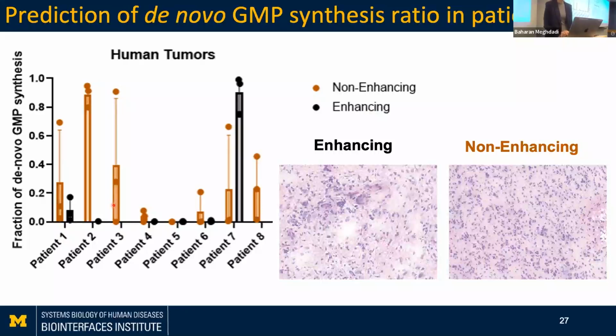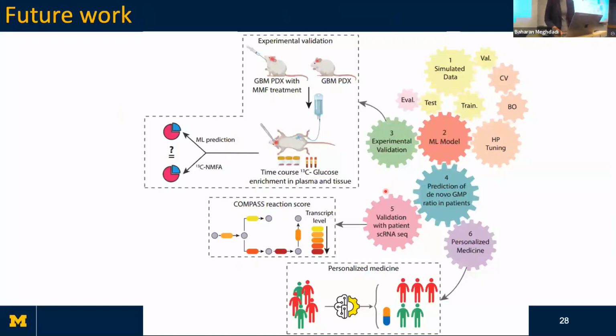And we think that might be correct because the enhancing tumor has more blood vessels in it, and it can take up the nutrients from the blood and circulation, but the non-enhancing tumor doesn't have any access to the nutrients in circulation, so it needs to synthesize by itself. And so that's why the de novo GMP synthesis is higher in the non-enhancing tumors.